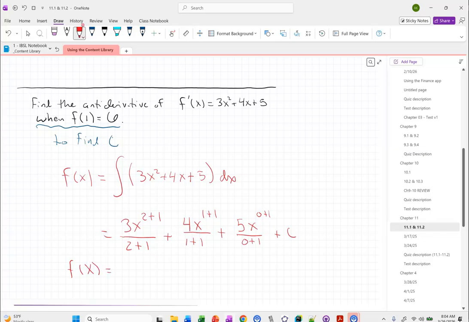So when I simplify, I get that. So far, so good.